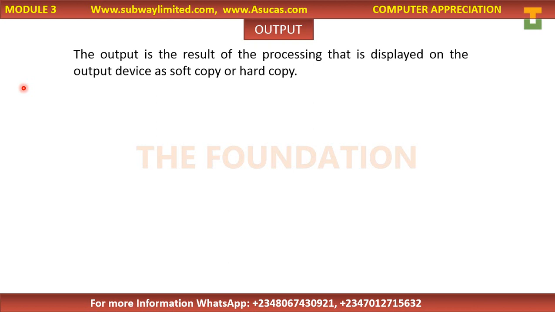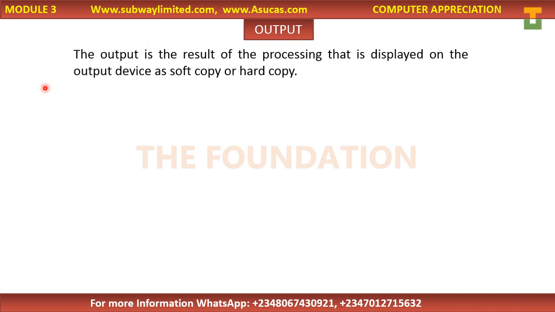That is output. You are able to read computer appreciation. That is output. So the output is a result of the processing that is displayed on the output device. So this monitor that we are using, this screen that we are using, is the output device.